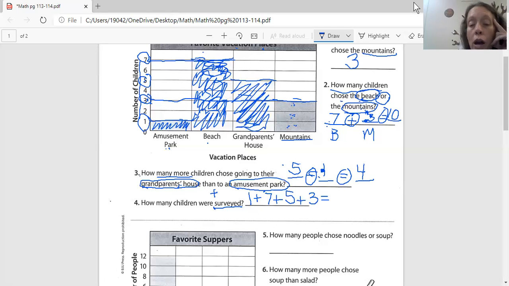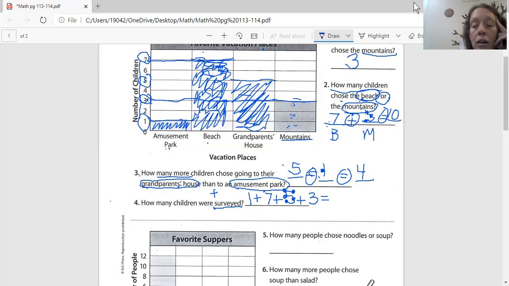So let's try that. What's our biggest number here? It's 7. So I'm not going to put any touch points on 7, am I? What about the next number? Looks like it's 5. Let's put some touch points on 5. I have 1, 2, 3, 4, 5.